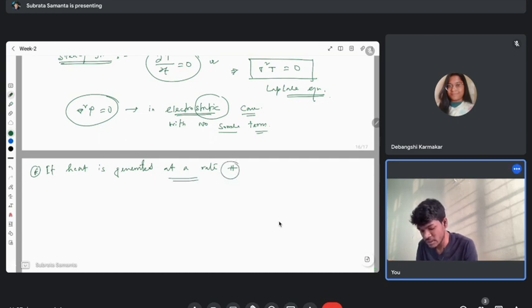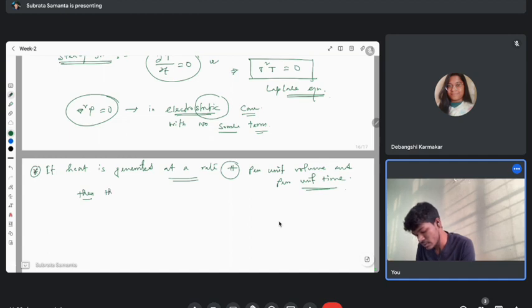This means there is a heat pump generating heat at a rate h per unit volume per unit time.